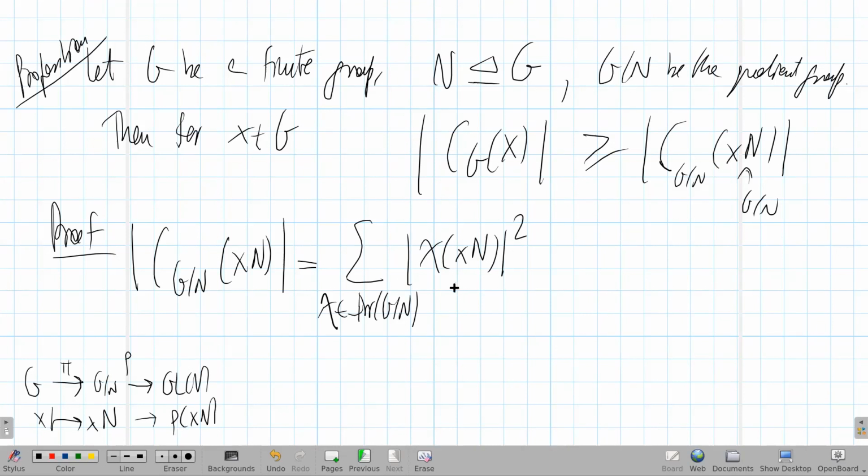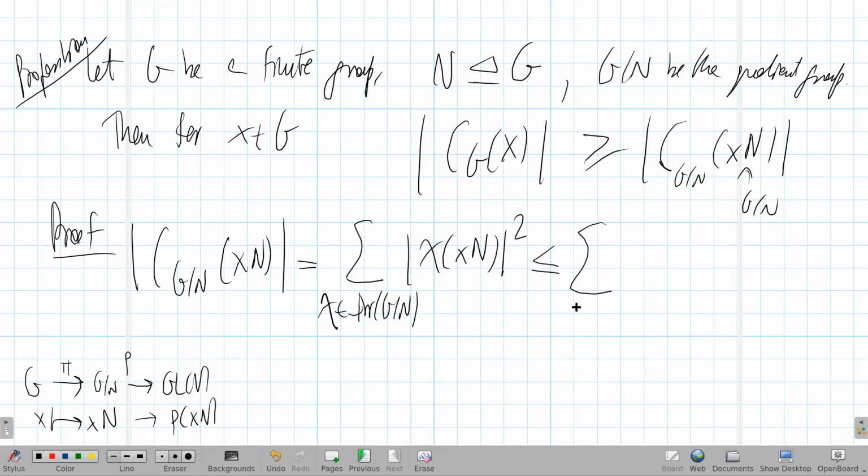So when you are summing here, you can lift all these irreducible characters to irreducible characters of G. This means that this sum will be less than or equal to the same sum in G. Recall that there were 3 characters of S4 coming from the characters of S3, and then there were another one or two, I don't remember at the moment, which were special to S4 and not in S3. So there might be more characters.